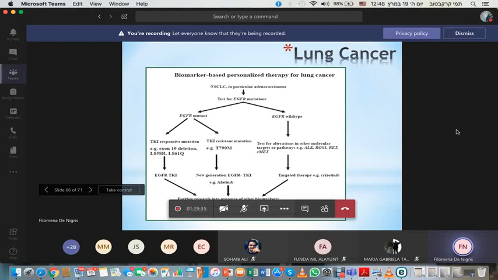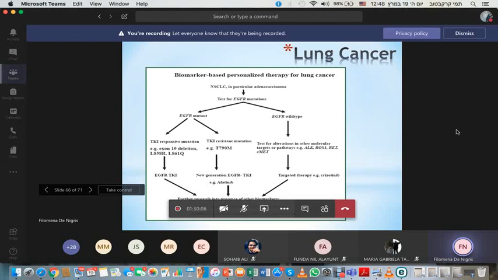We now have antibodies against EGFR mutation or wild type. If we observe a mutation, it is better to treat these patients with a tyrosine kinase inhibitor. They respond.